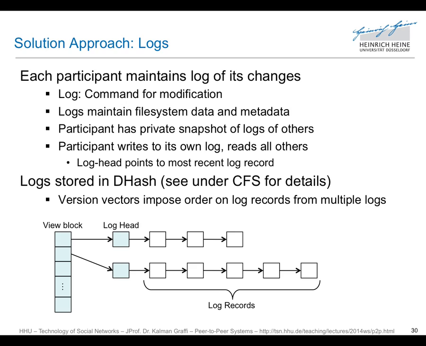And my personal view would then be which of these modifications that might be available in the network do I know, and which order do I consider as correct. The nodes might be distributed in the network, and they might have different logs. They might be missing some logs, and that's why they have these personal views on how, from the beginning of the object, the changes have to be done.